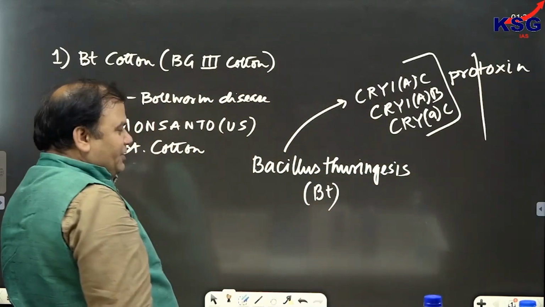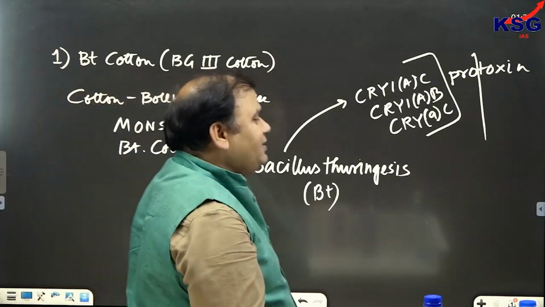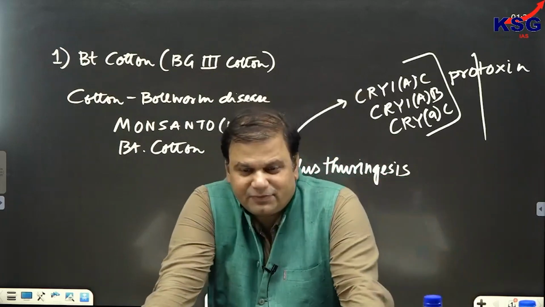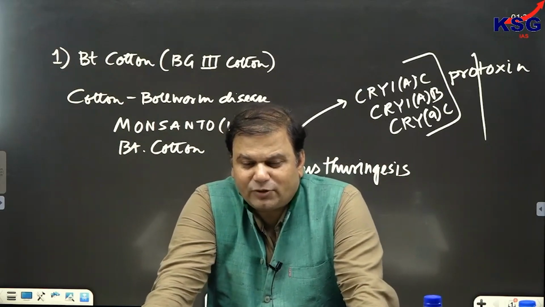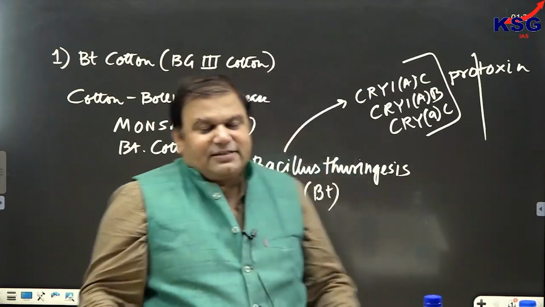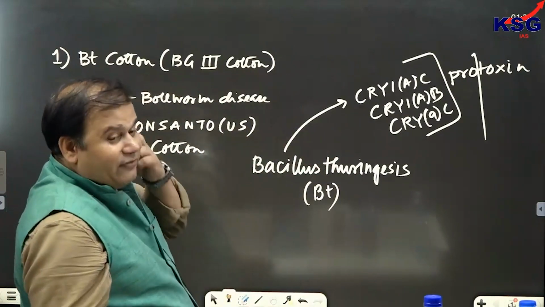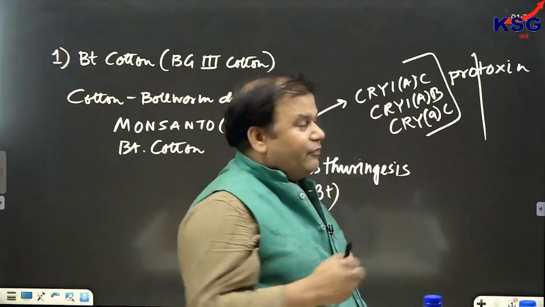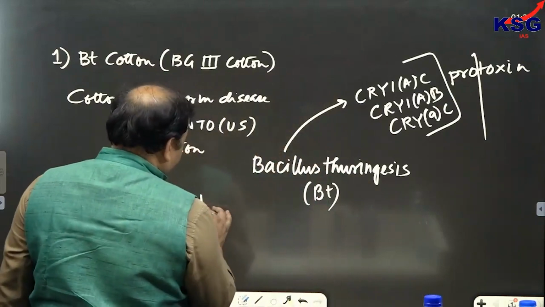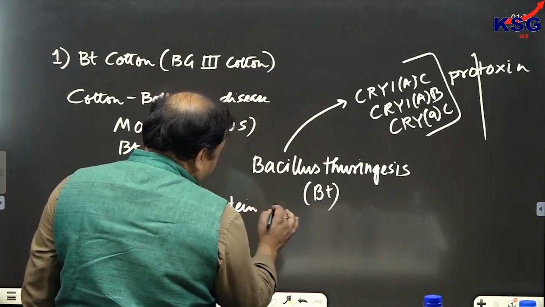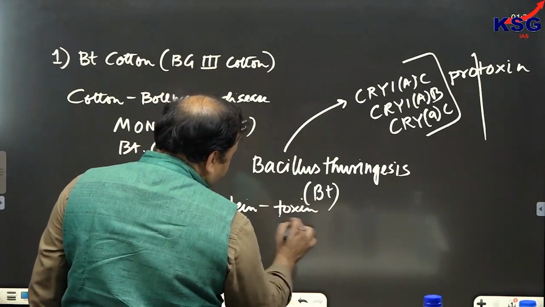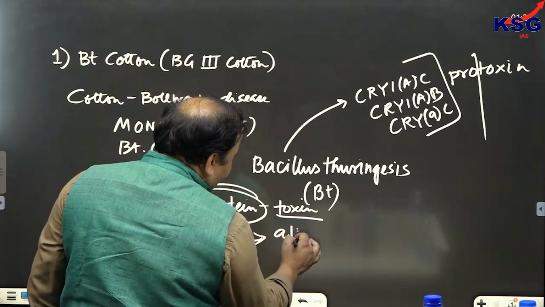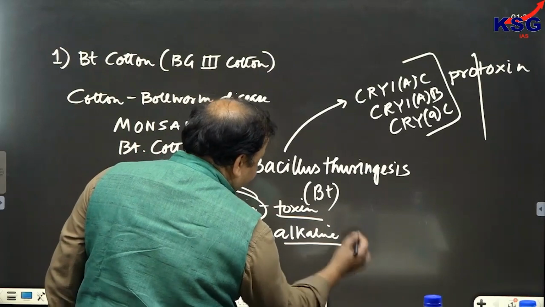It means that these genes are essentially proteins, but they would convert into toxic substances when the environment is altered. And we can see these proteins would change into toxins in an alkaline environment.